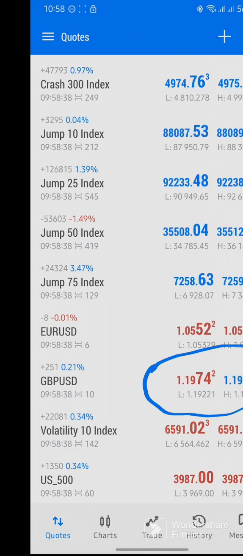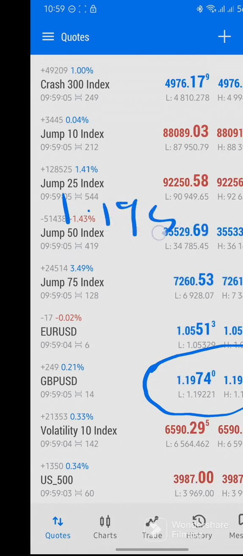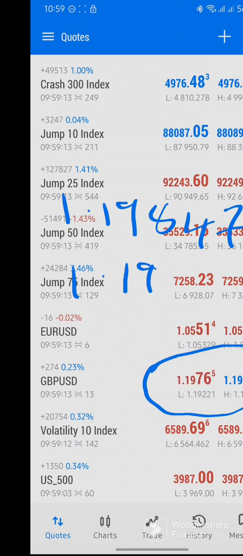Now look at this example. From the price range of today, the market has moved from a low of 1.19221 to a high of 1.19847. Now if you want to calculate that change in price in pips, how many pips the market has moved from the lowest point to the highest point, you just take the highest point, 1.19847, and subtract from it 1.19221.